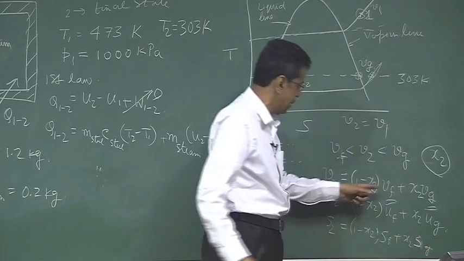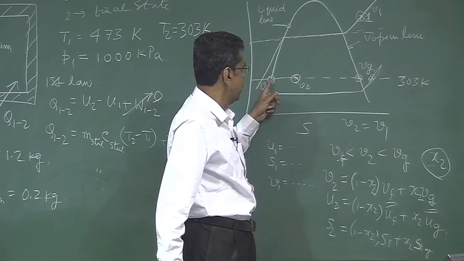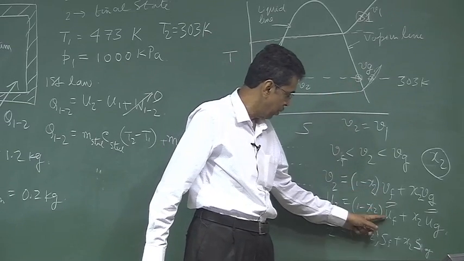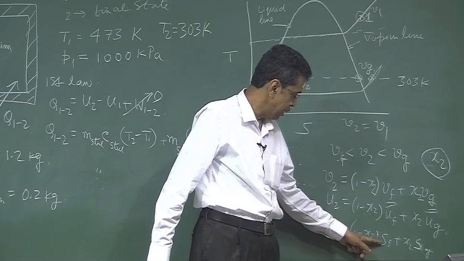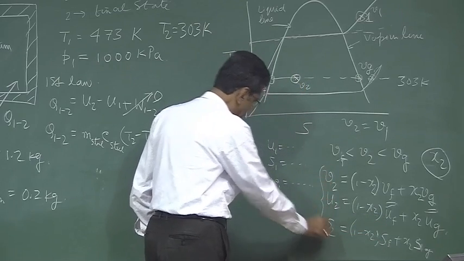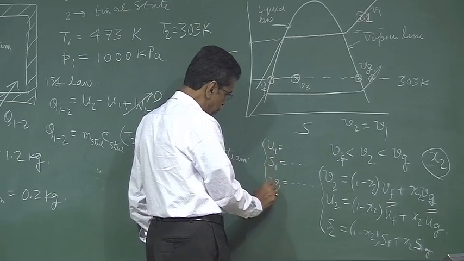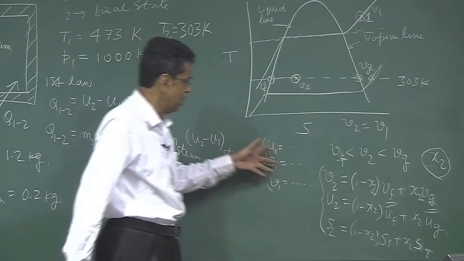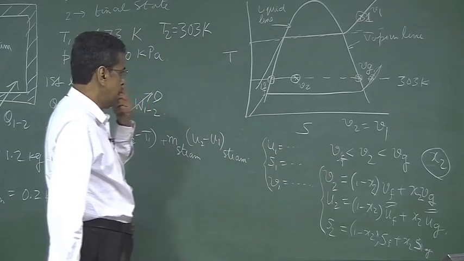So these are from steam tables, the saturated liquid and dry saturated vapor values for specific volume, for internal energy and for entropy. That means I get V2, U2, S2, similar to V1, U1, S1. So these sets are known at both inlet and outlet.